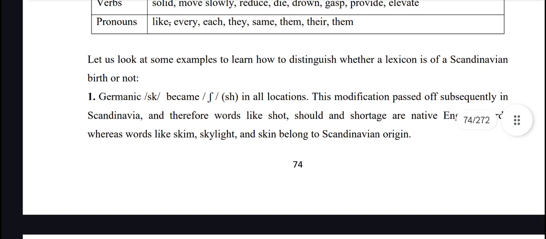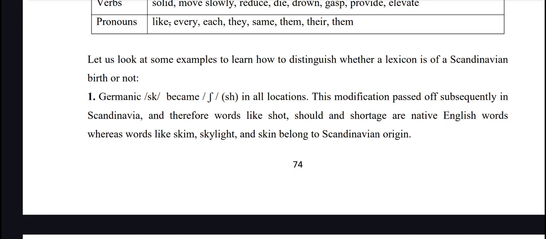Let us look at some examples to learn how to distinguish whether a word is of Scandinavian origin or not. One: the Germanic sk became sh in all locations.